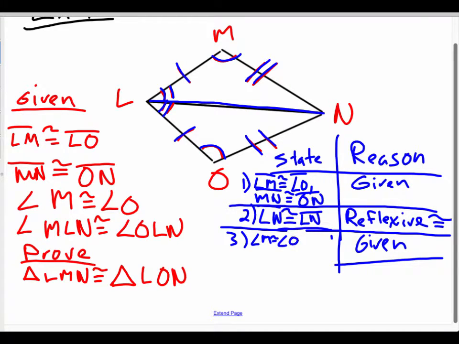This is congruent to O, and then angle MLN is congruent to OLN. Right? That's this stuff here.